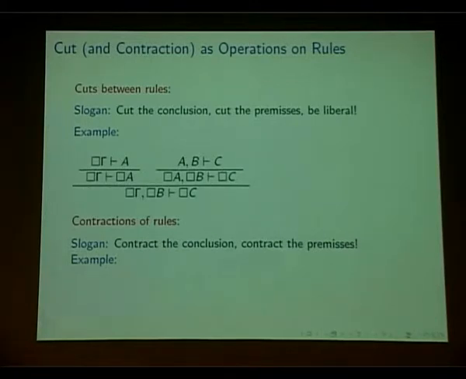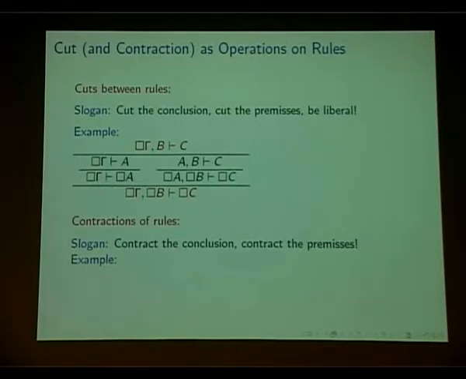And now you see that there is the formula A occurring on the right-hand side of the premise of the for rule and on the left-hand side of the premise of the k rule. So again, we can apply the cut rule. I wrote this in an upwards way, and we take the rule which we get if we take the red premise and the red conclusion to be our new rule. So this is a quite basic concept of cuts between rules.